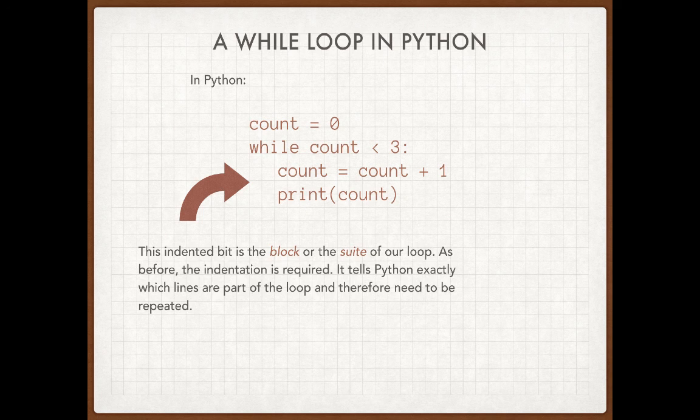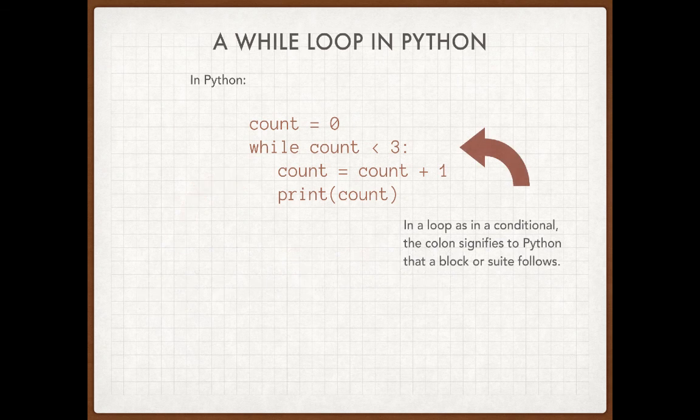So everything that's indented, it could be 2 lines, it could be 20 lines, it could be 200 lines. It doesn't really matter. As long as all of those statements are indented, Python knows that they're a part of the block or the suite of that loop, and it is those indented commands that will get performed all the time.